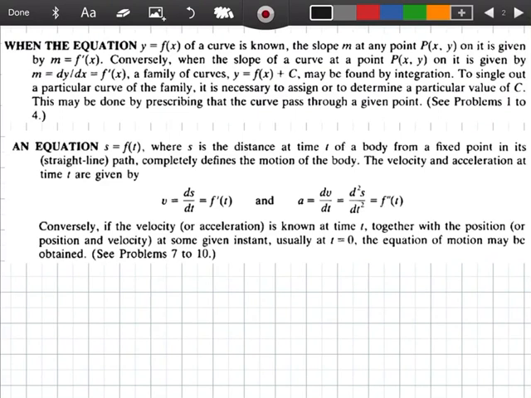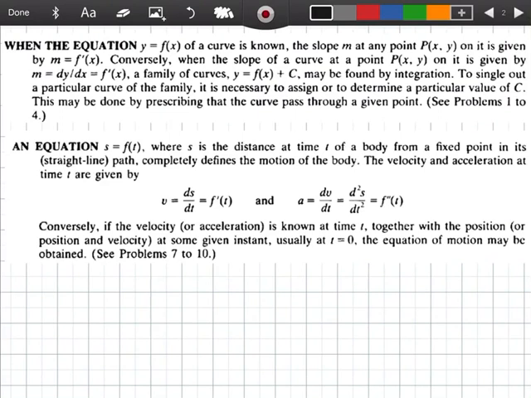An equation s is equal to s as a function of t, where t is time and s is the distance from a fixed point in its straight path, completely defines the motion of the body.